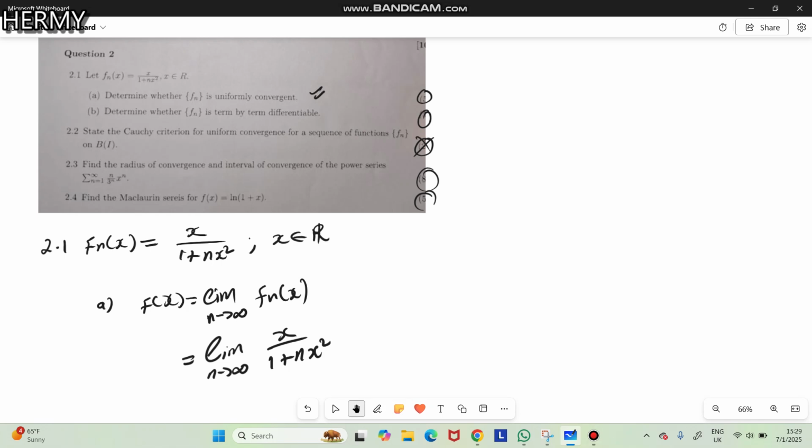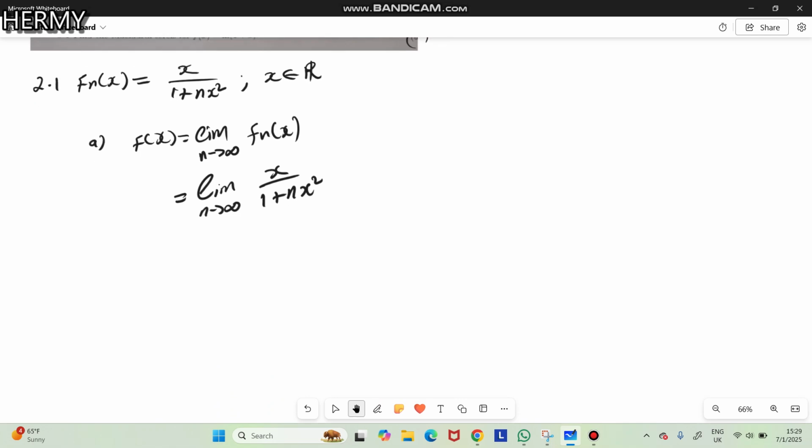So here's the thing. I just wrote everything like this. Then remember I said when you put infinity where there's n, this is x. So x is an element of the real numbers, which means it can be any number.